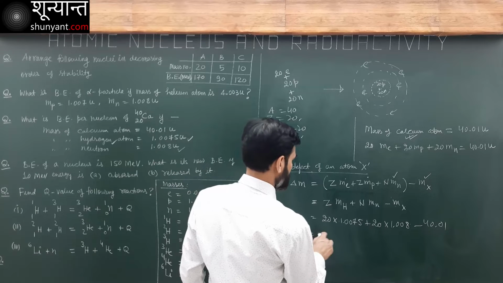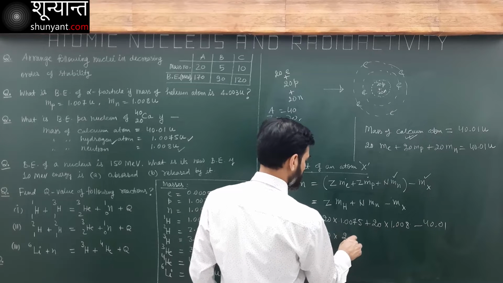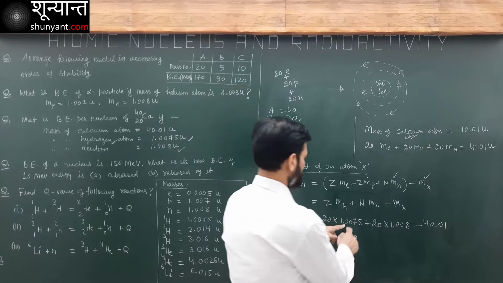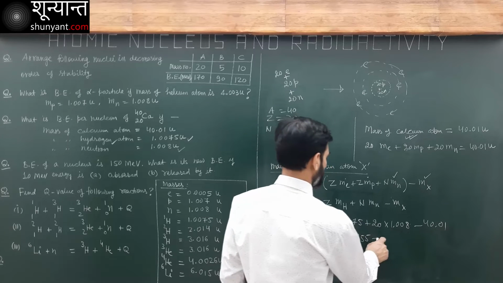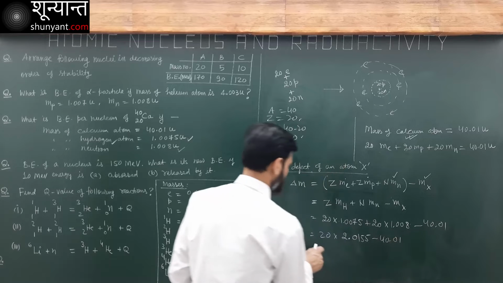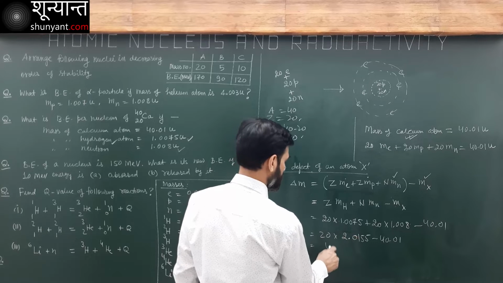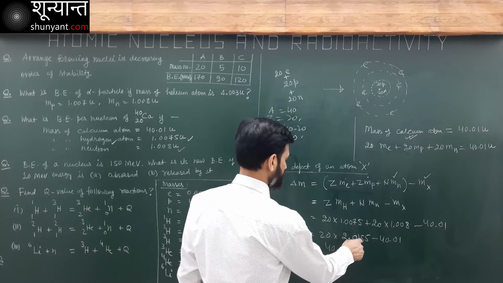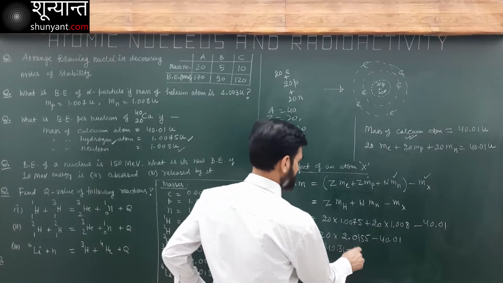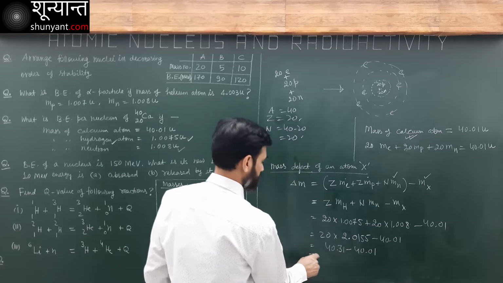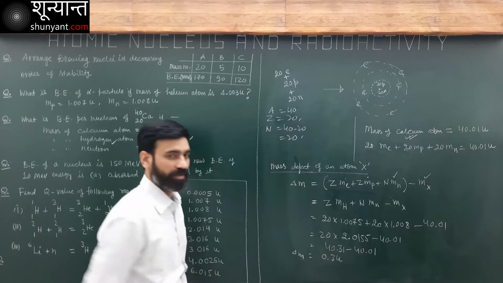So this becomes 20 times 2.008, 155 minus 40.01. Here it becomes 40.310 minus 40.01. This becomes 0.3 U. This is delta M, 0.3 U.